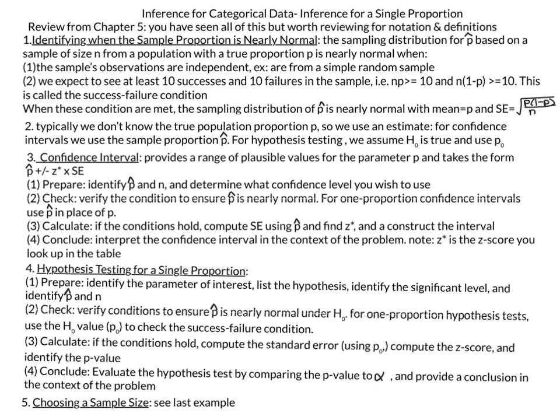For confidence intervals, we use the sample proportion p hat to estimate p, both in the success-failure condition and for standard error. For hypothesis testing, we assume H naught is true, so we use p naught for p, both in the success-failure condition and standard error.